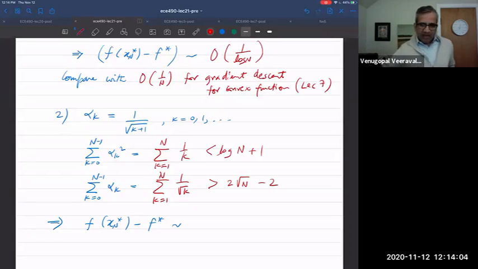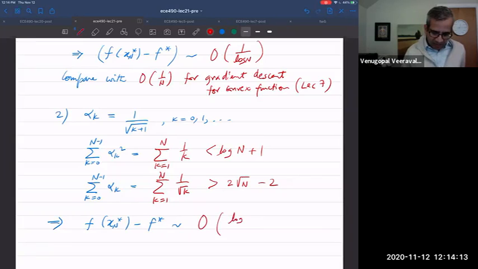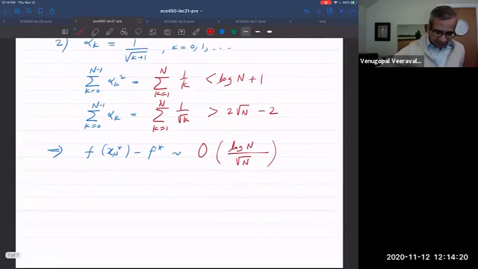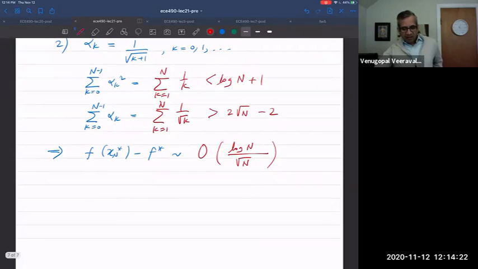So if you put these together, then the difference between xn star and f star is going as big O of log n from the numerator and the square root of n in the denominator. Okay, so this is better than 1 over log n.